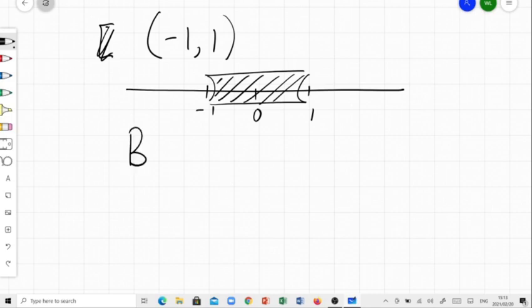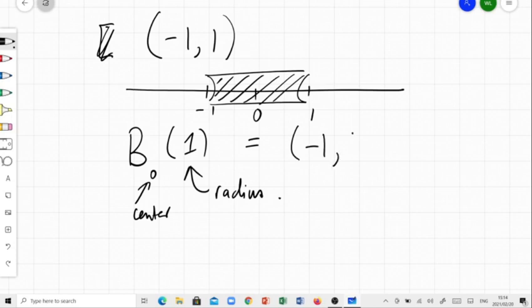So therefore I write this as B0. You see, 0 is for the center of the ball, and then the radius is equal to 1. So this ball can also be seen as the interval minus 1 and 1.